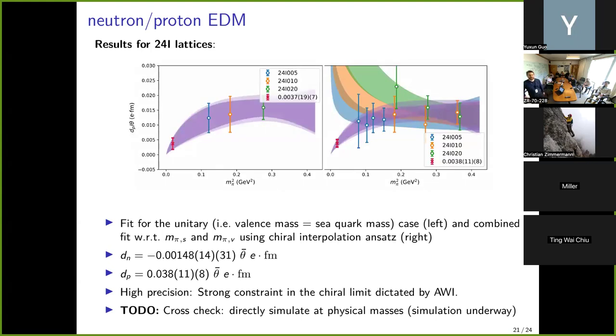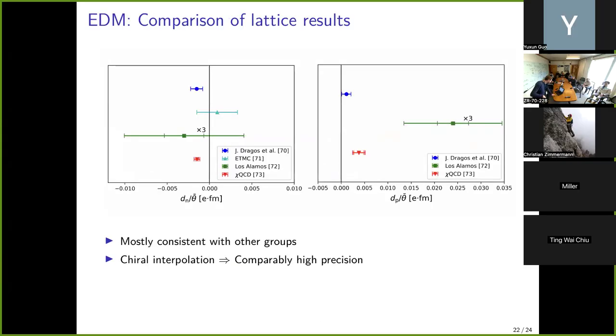Okay, yeah, here is the same plot again for the case of the proton. Qualitatively, it looks the same. And here is some comparison with what other collaborations get. So the red point is our result here for the neutron and the proton.